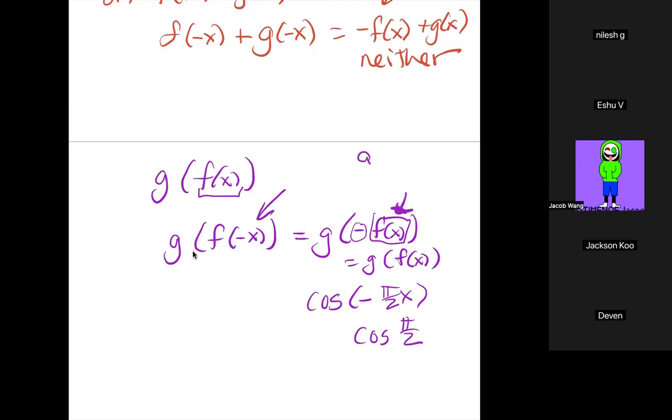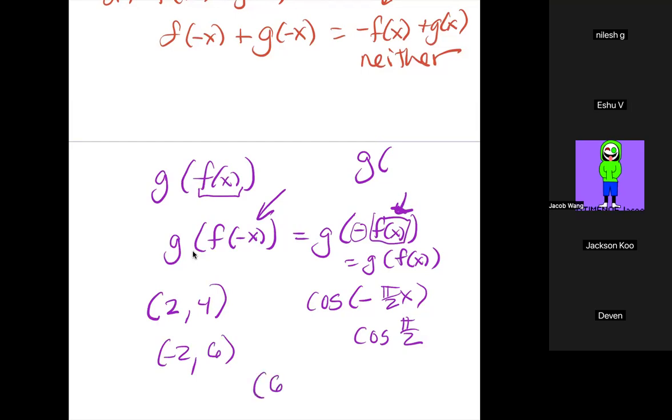Think of it this way. Do you agree with the composition? First, you're putting the number through the inner function, and then you're going to get some value. So say you knew that 2 went to 4 and negative 2 went to 6 or something.